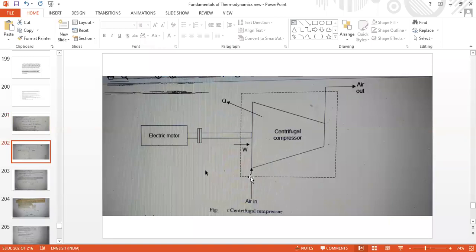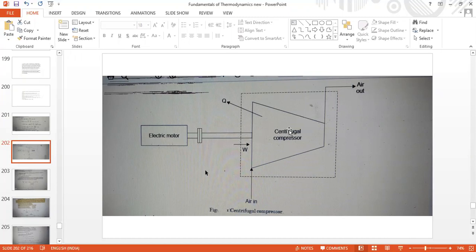Here, the compressor is drawn such that at inlet, the diameter is larger, and at the outlet, the diameter is smaller. And see, the rotor of the compressor will be in rotation by giving some electric power from an electric motor.